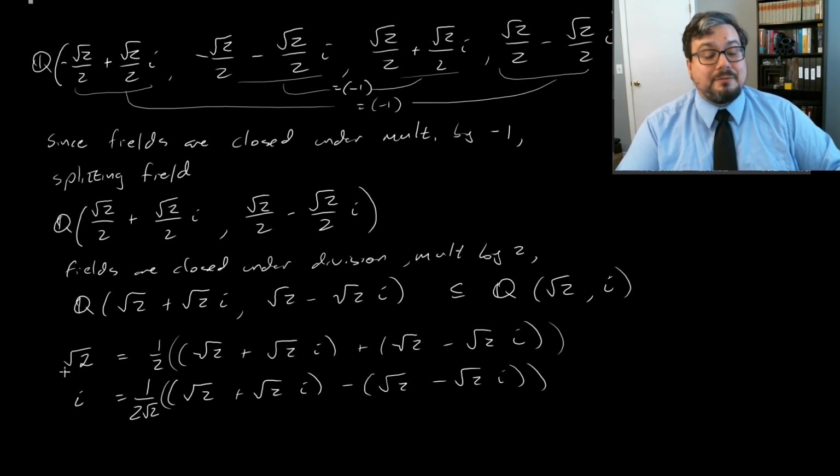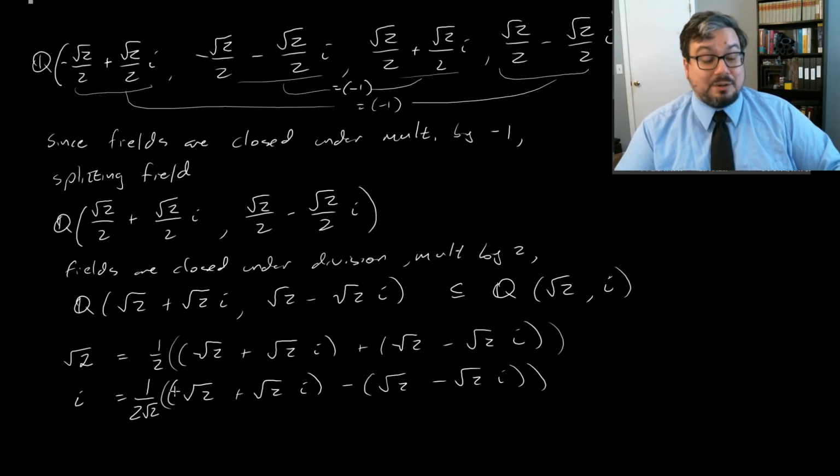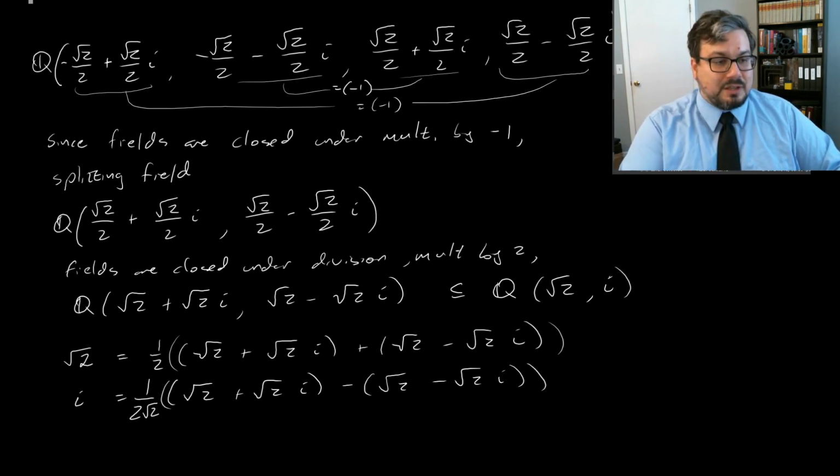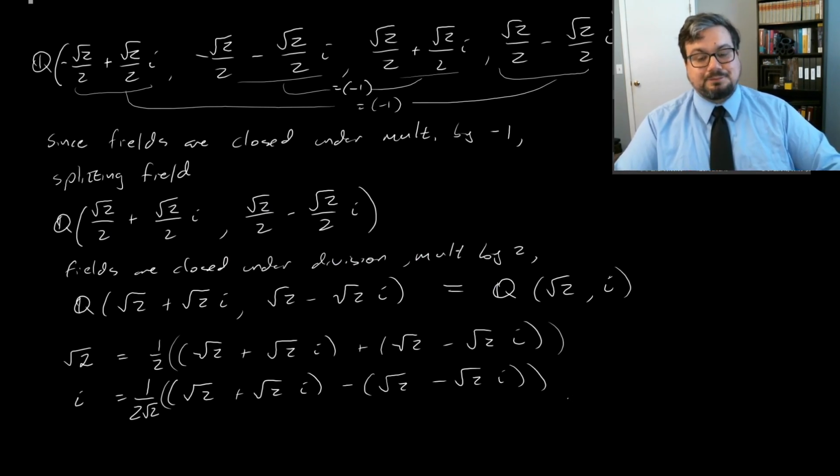Well, yeah, if we're considering the smallest field which contains √2 anyway, then we certainly can. We already know that we can get √2. So we know that the smallest field containing both of these generators is one in which we can divide by √2. So in fact, we can say not just contains, but these two are equal to one another.